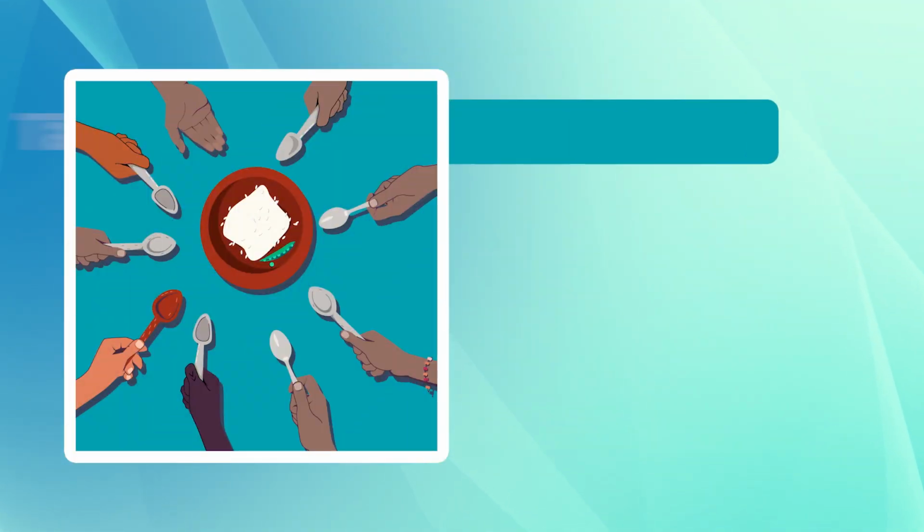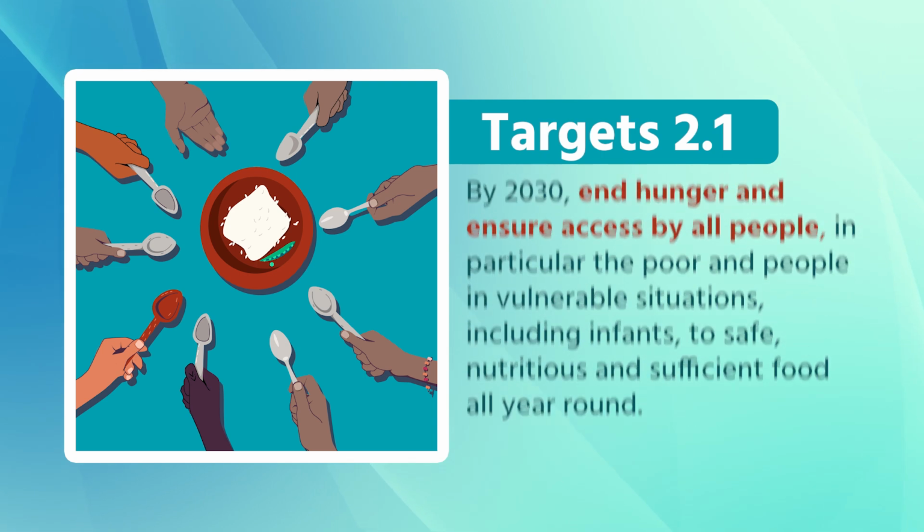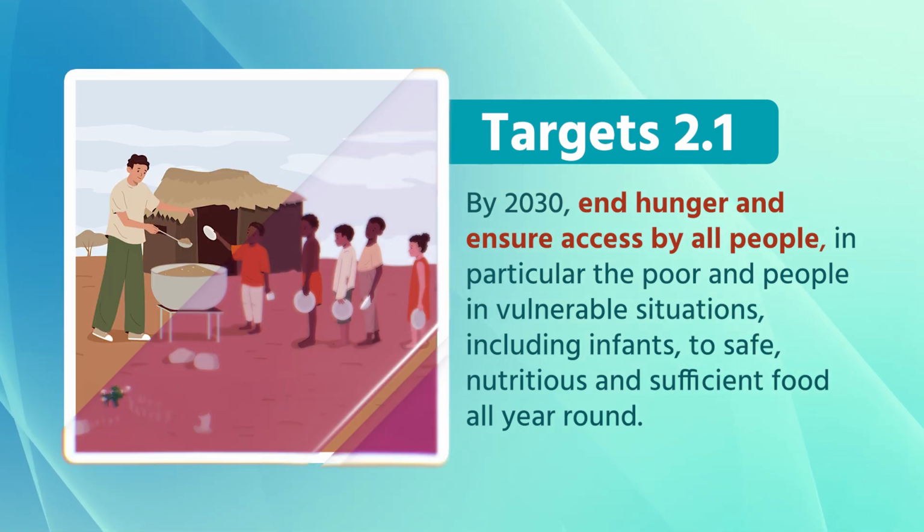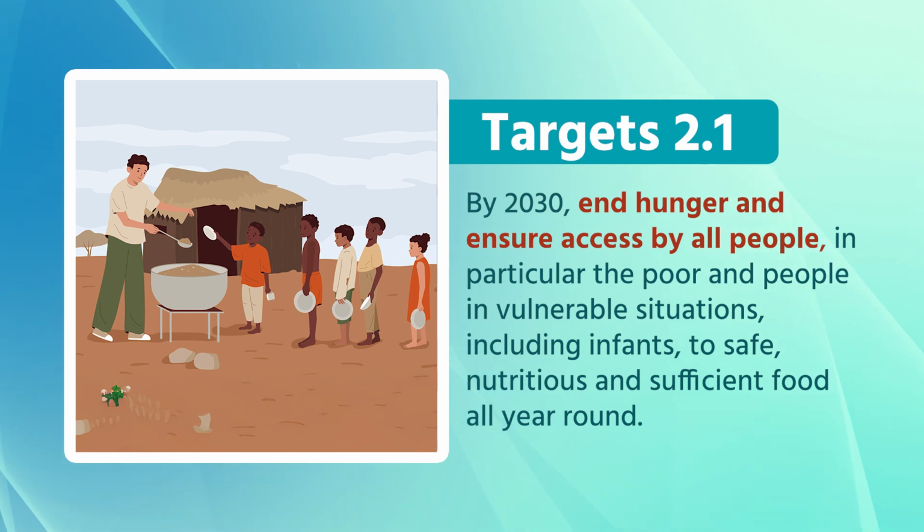When we look at the different targets, you will see that target one of goal number 2 is about ending hunger and ensuring access by all people, particularly the poor and people in vulnerable situations, including infants, to safe, nutritious and sufficient food all year round.